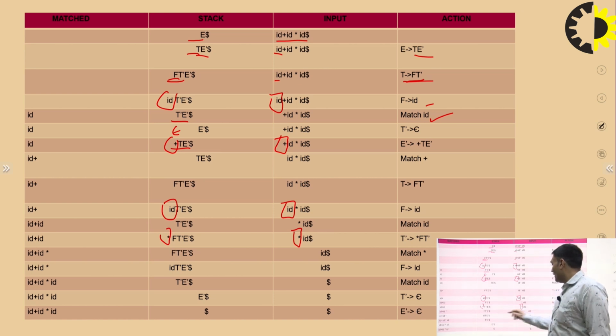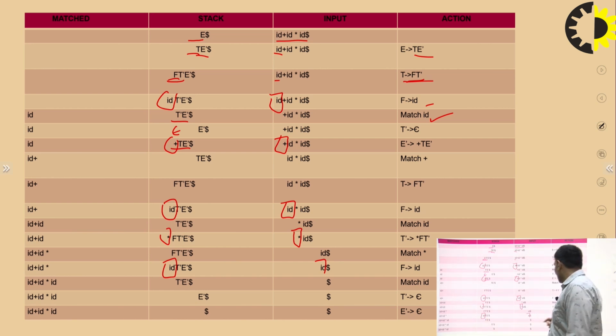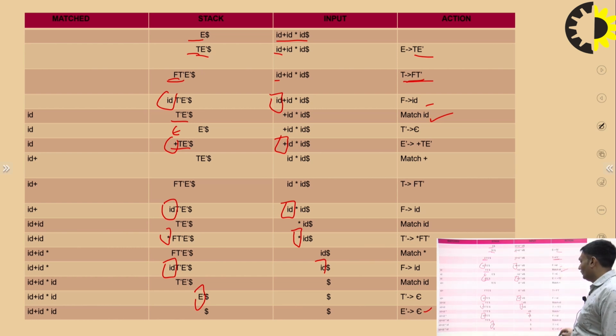Then F to id, this id and id match, then the remaining part is T dash E dash. Then T dash on dollar, there is a rule that's called epsilon. E dash on dollar, there is a rule E dash to epsilon.